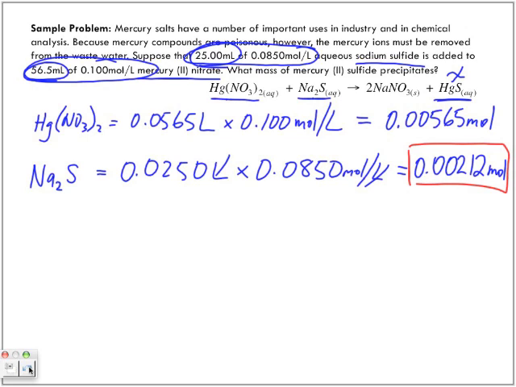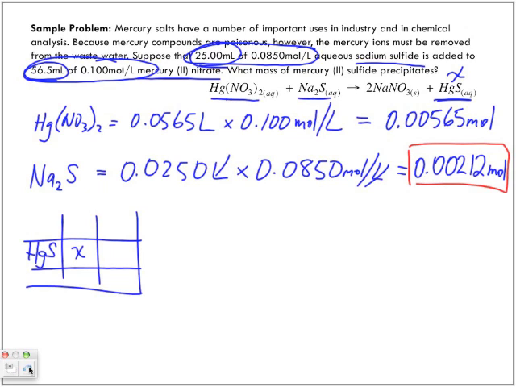Now, because that's the limiting reactant, our given is based on it. Our unknown is the HgS. We want to find the number of moles of the mercury(II) sulfide. The given is going to be based on the limiting reactant.